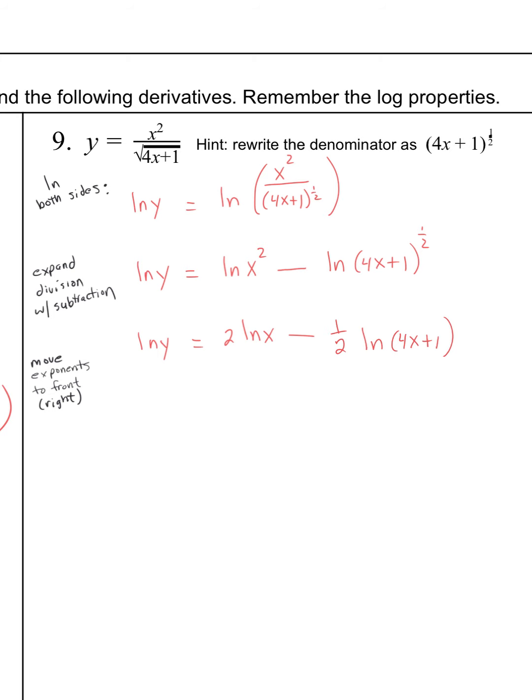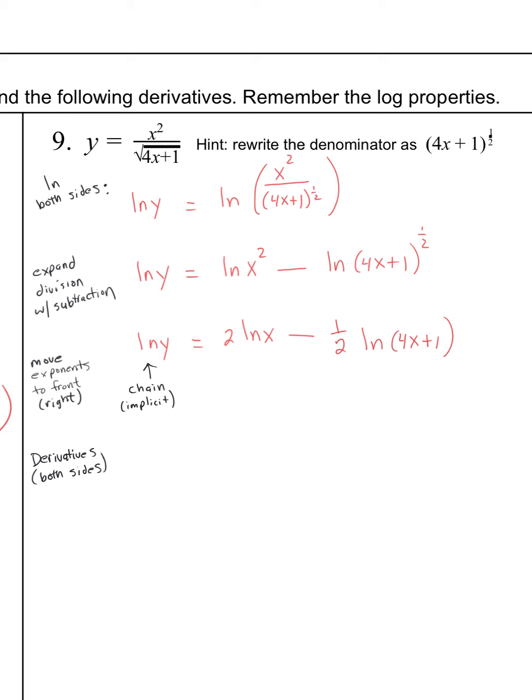Okay, now we're finally ready to take the derivatives, and of course that's both sides. On the left, this is going to be a chain rule, just like the last problem, and that has to be implicit differentiation. On the right side, it's just two separate terms.